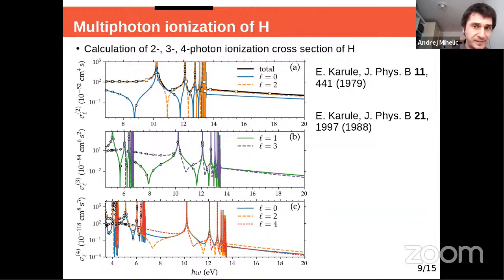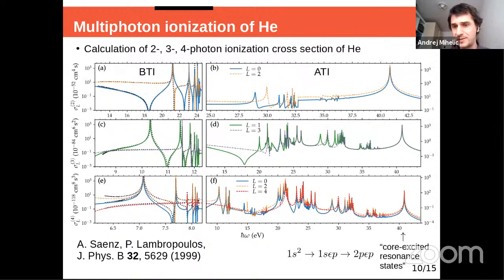Now, we have done a similar thing for helium. So we have also tested this with helium and compared this to existing results. So here I show you the 2, 3, and 4 photon ionization cross sections. Here the results below the ionization threshold, which I think agree with the results of Alejandro and Peter Lambropoulos rather well.